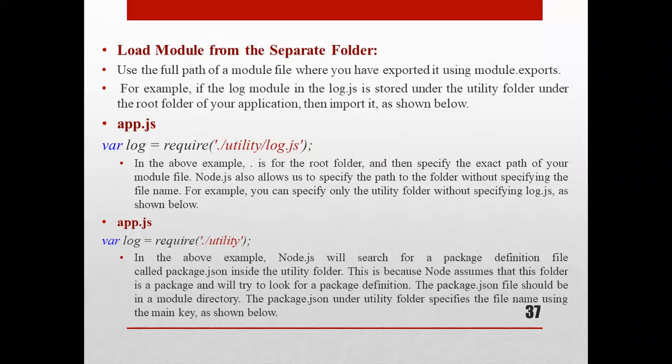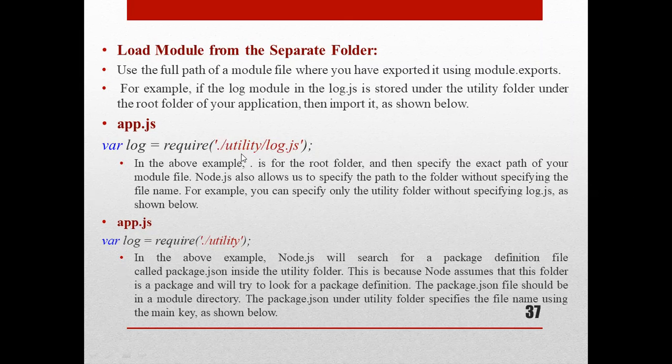Here you can see one file, log.js. That log.js file is stored in the utility folder, and this utility folder is stored in the root folder. So whenever we are going to import that log.js module, we can directly specify the path here. As in the morning session I already told you, instead of giving the file name, we can specify the complete path of that module.